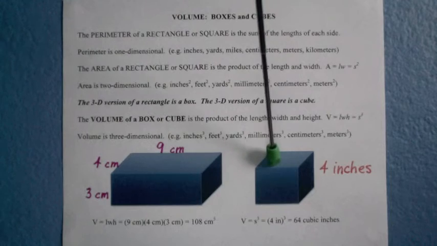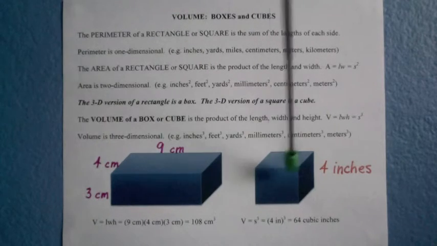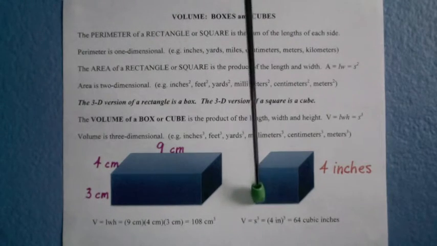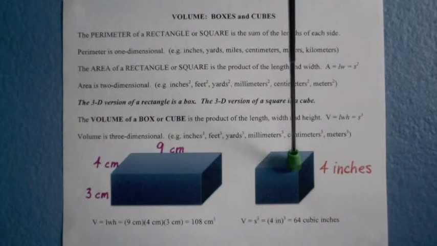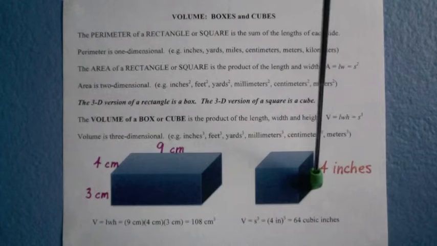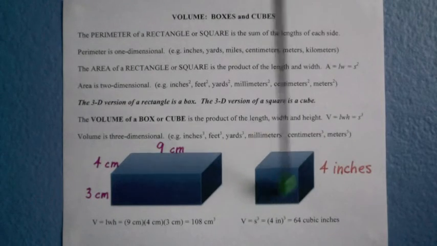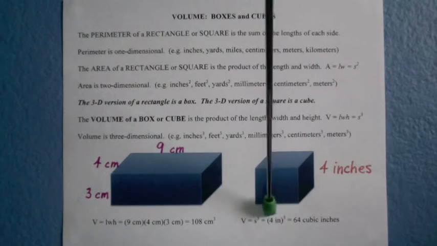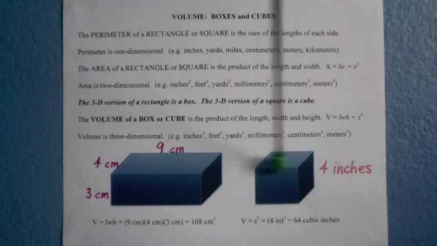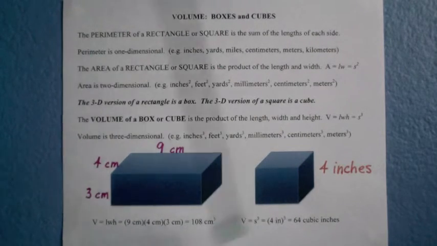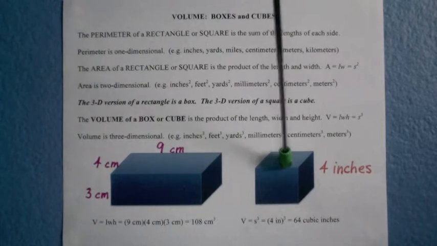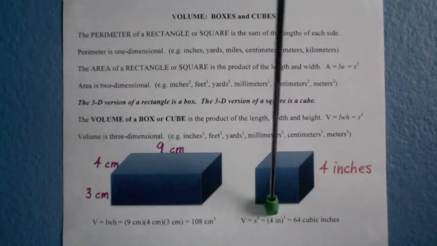Now let's look at this cube. It's a cube because all sides are the same length. Volume is the length of one side cubed. So the length of the side is 4 inches. Every side has that length. So the length, the width, and the height in a cube are all the same, 4 inches.